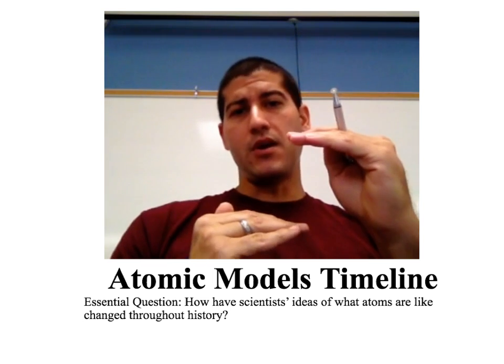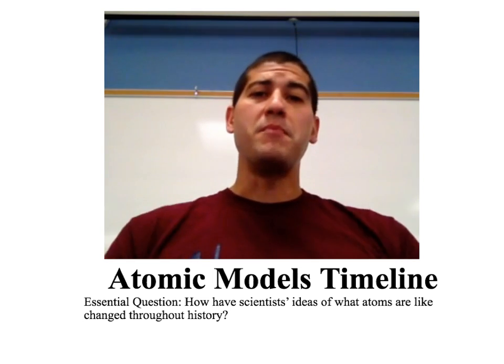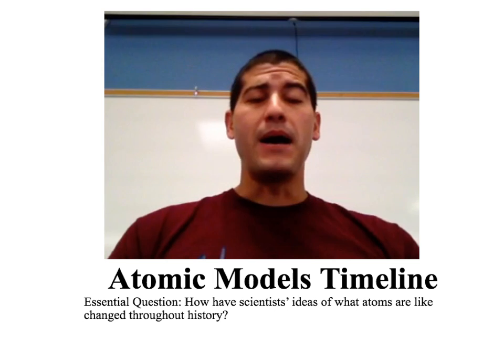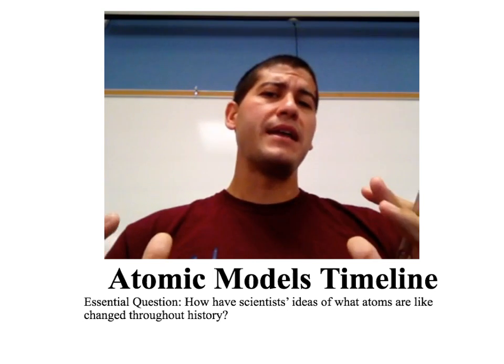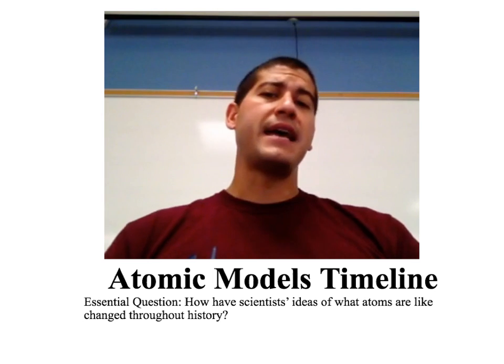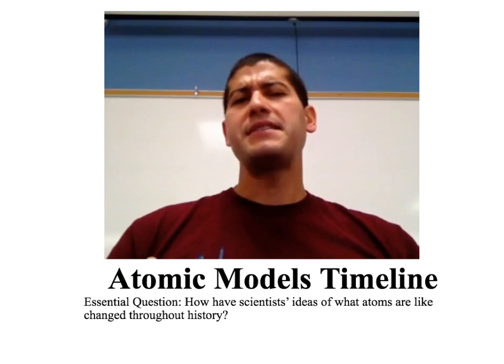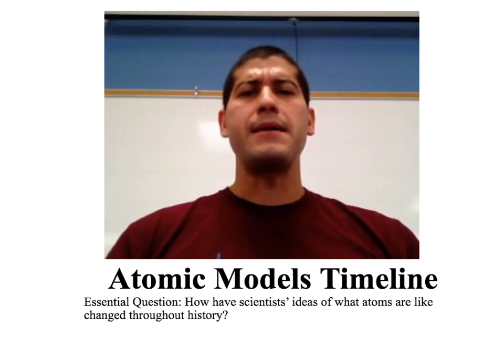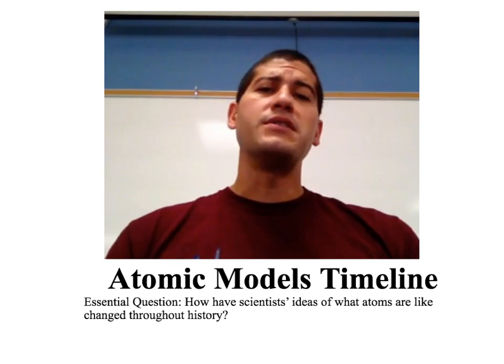But that globe can't tell you how deep the Pacific Ocean is, which is one of its many limitations if you're trying to learn about the ocean. In the same way, as we look throughout history at different models that scientists have used to describe atoms, bear in mind that the models they used had advantages and limitations, just like the ones that we use today.